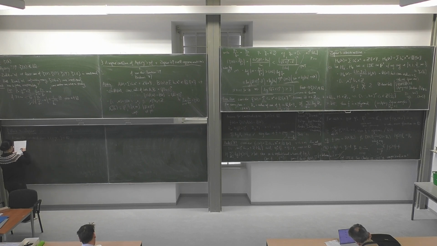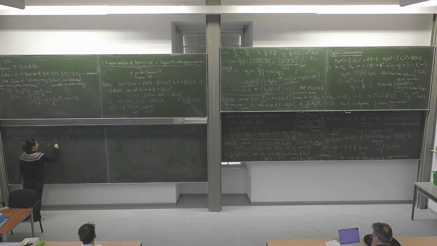Then we would have a function H given by H_B minus this one times H_A. So this will be a Q coefficient power series.